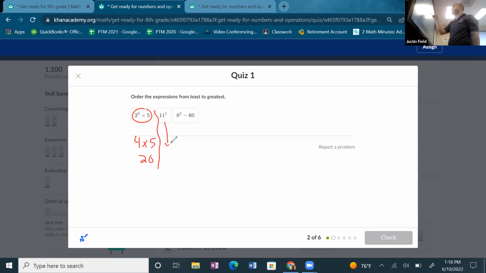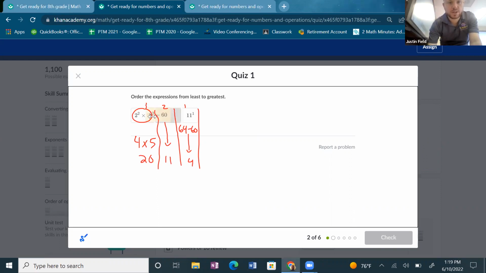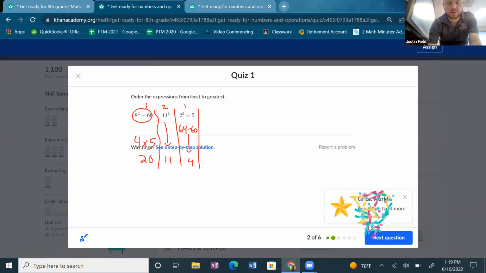This expression is just 11. And then this one would be 8 squared is 64 minus 60, which is just 4. So from least to greatest, this is 1, 2, 3. So it's backwards, so I just have to switch. Put that there. This should be good to go.